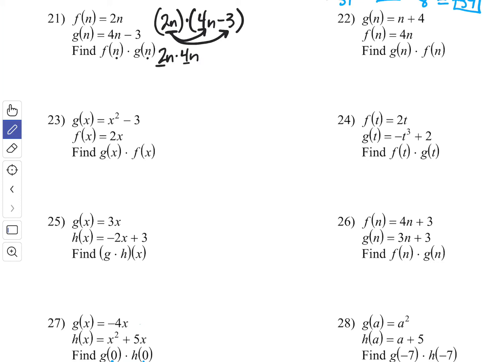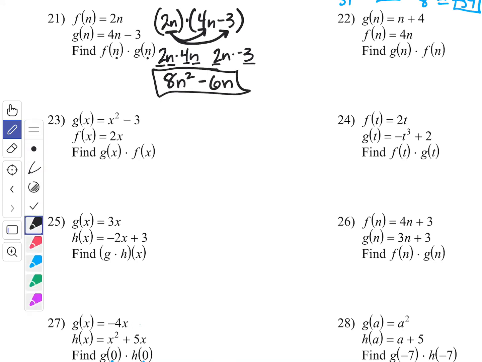So 2n times 4n, 2 times 4 is 8, n times n, there's 2 of them, so n squared. And then we've got 2n times negative 3. 2 times negative 3 is a negative 6n. Can't combine those. There's my answer.